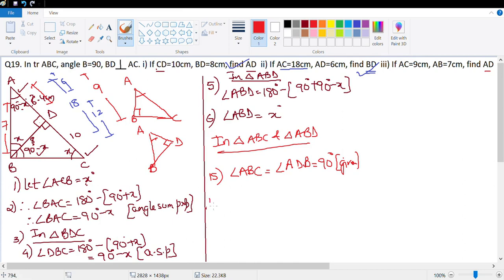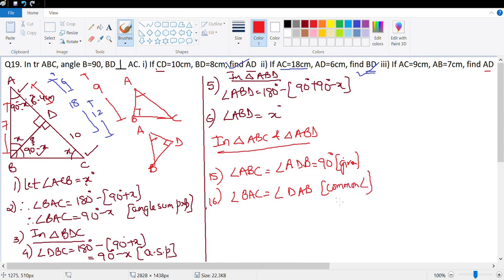And point number 16, angle BAC is equal to angle DAB, common angle.